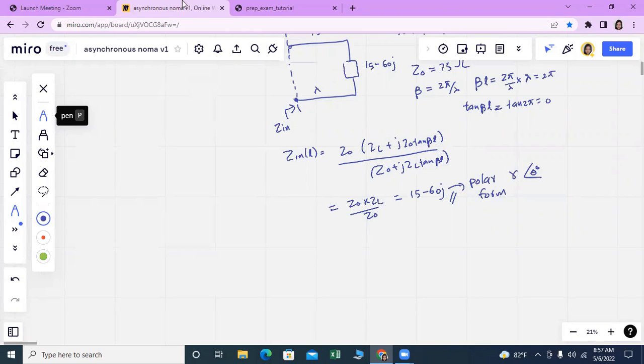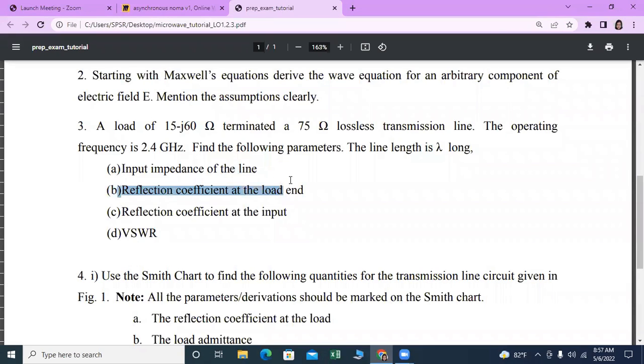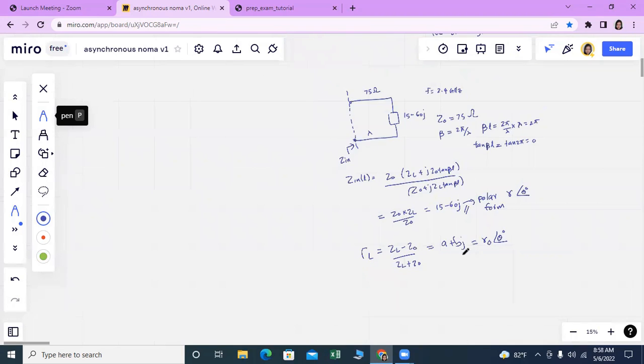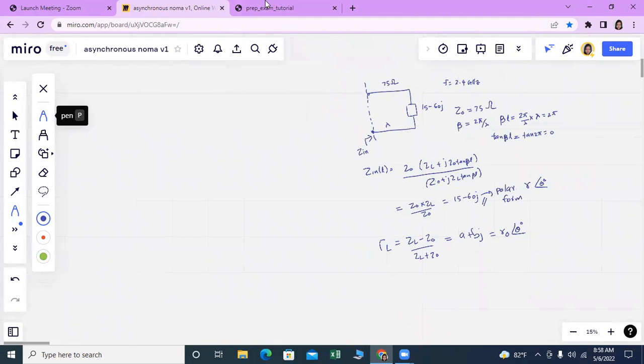And then the next question is the reflection coefficient at the load end. The load end reflection coefficient is given using this equation, ZL minus Z naught divided by ZL plus Z naught. So you know the values of ZL, Z naught, you can find it by substituting these values, and you can find something like A plus Bj, for example, and you can again convert it into polar form, and you can find the angle and the absolute value. You can do the conversion using the calculator.